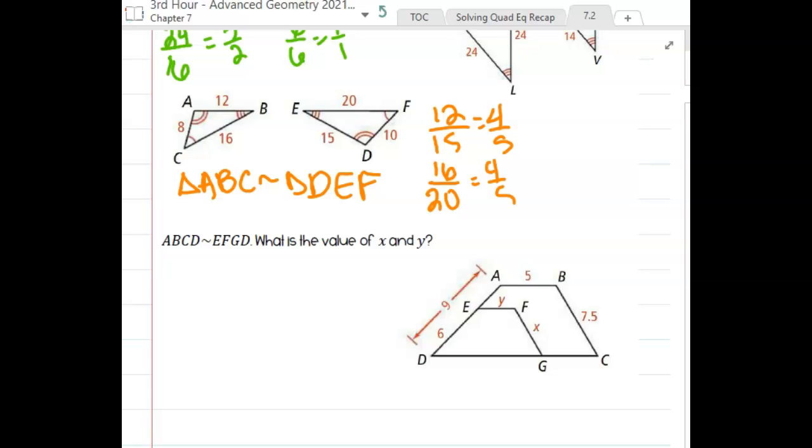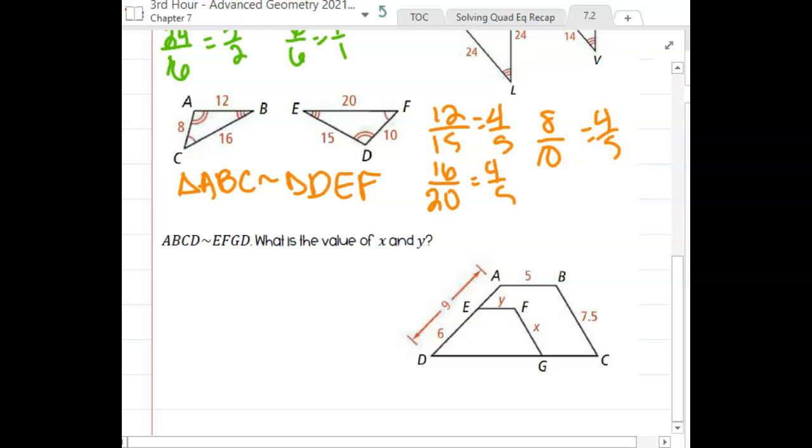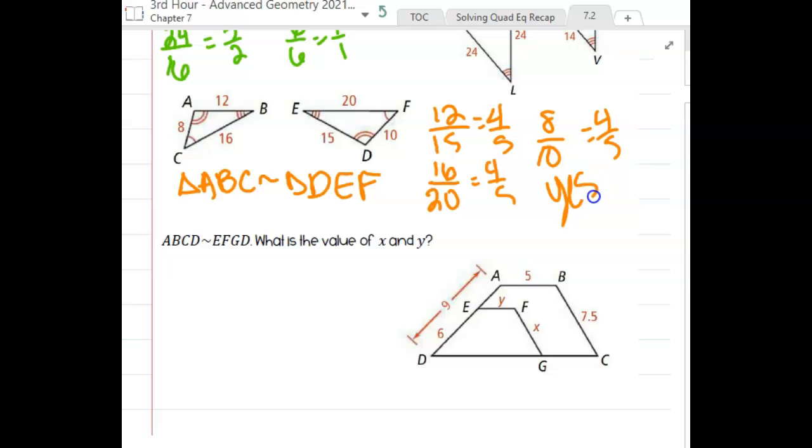All right, and then my last side would be AC, which corresponds to DF. So 8 over 10, which reduces to 4 over 5. Now we're like having a real big party, right? They're all the same. They're all the same. So since the angles are congruent, since all the sides are proportional, yes, they are similar.